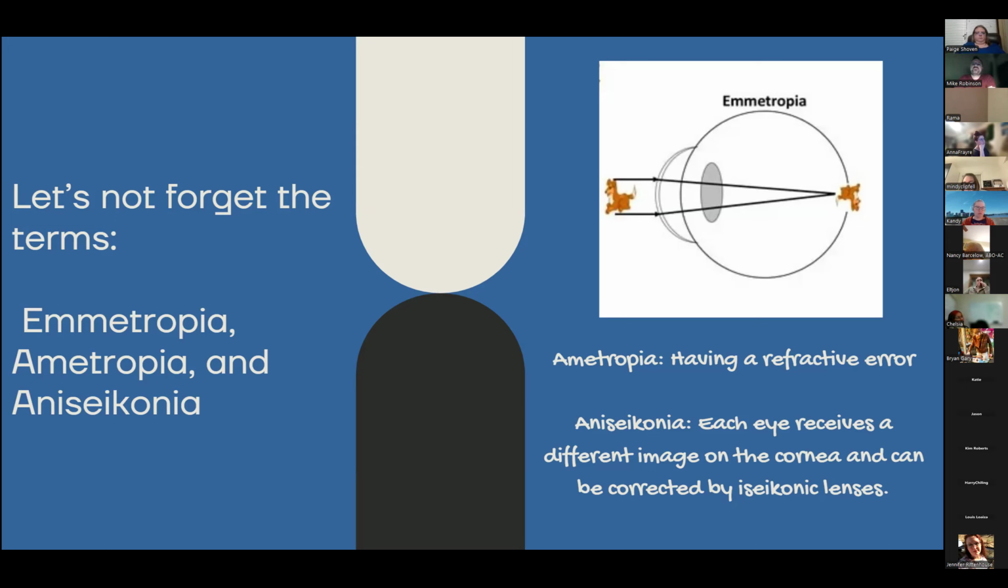There's no real hard and fast rule. 1.50 is a good one. Some books say 2, some go up to 2.50 or 3. It's not really super defined. If they're having a problem with it, then you consider that there's a large difference between the eyes.